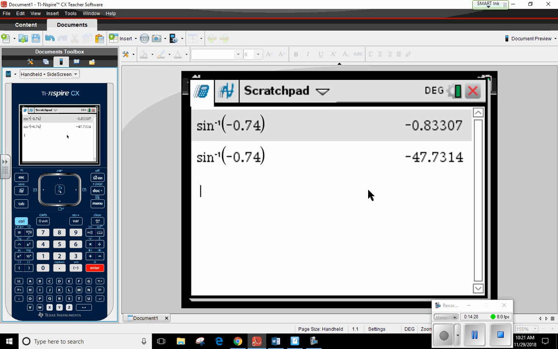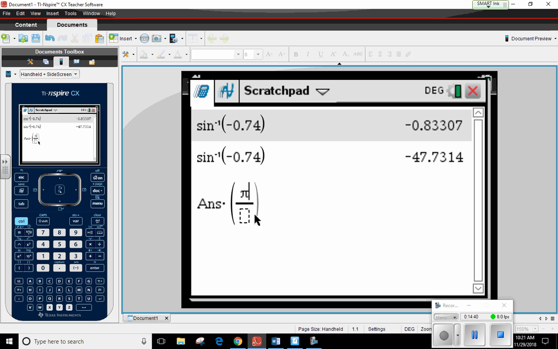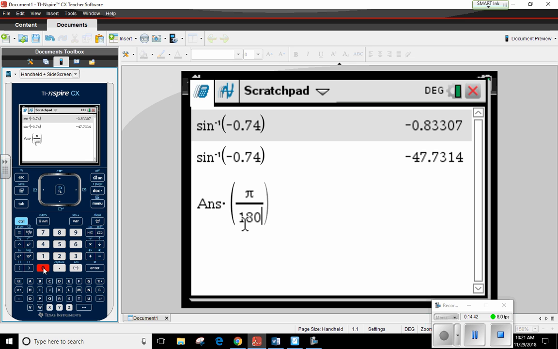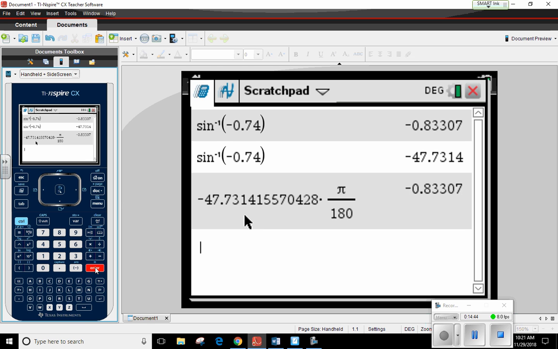If I just know that I want my answer in radians, I can just say times, control divide, and I multiply by what? Was it 180 over pi or pi over 180? Pi over 180. Okay. So I take my answer, I go ahead and multiply it, bam, I get the exact same answer as if my calculator was in radians. Okay.